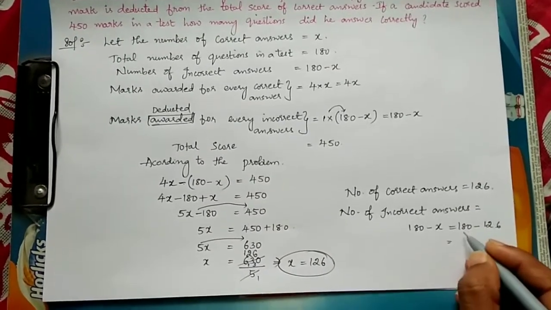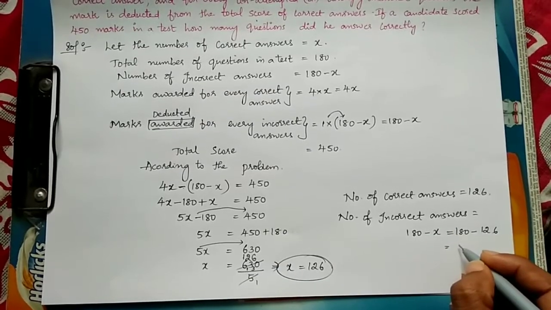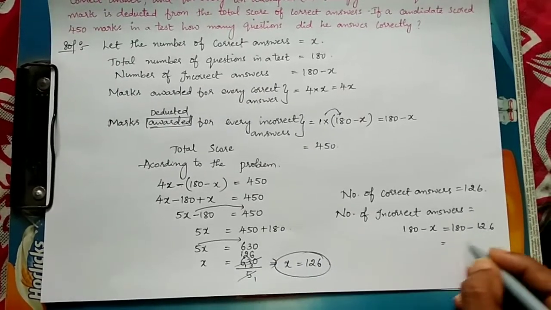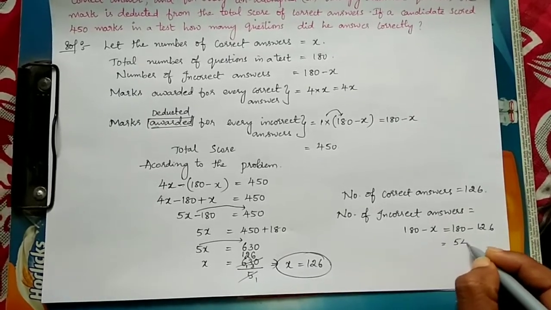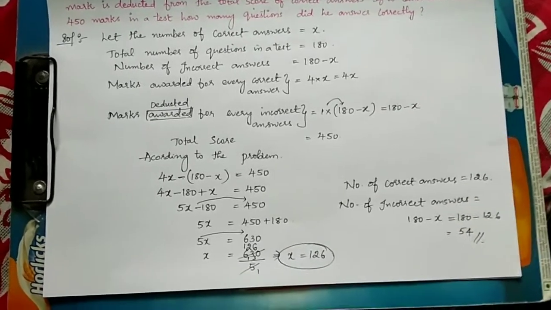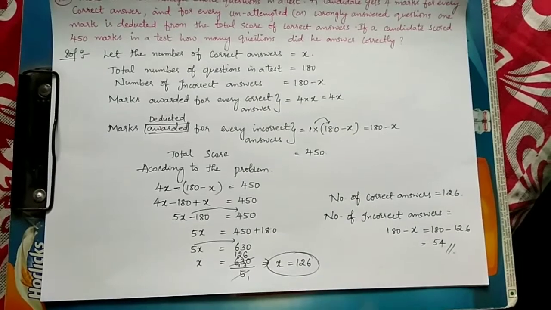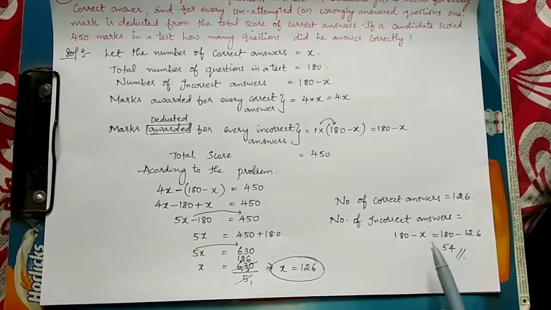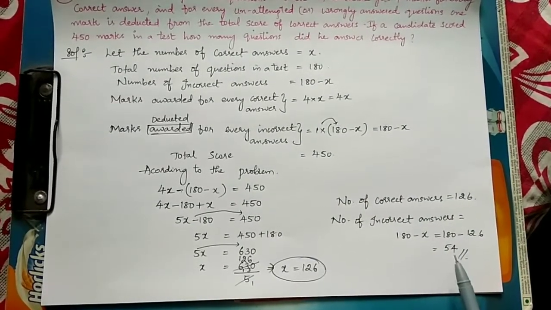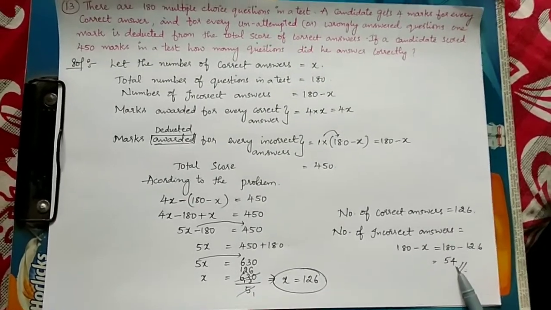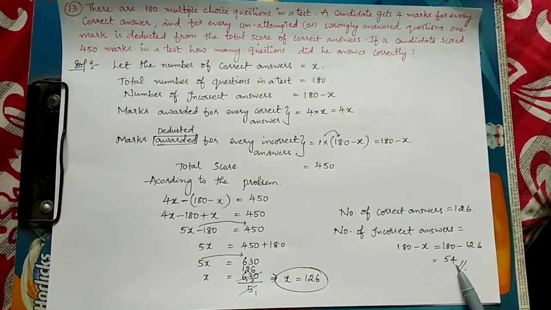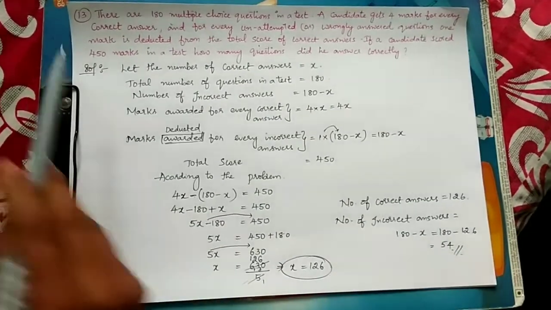How much is 180 minus 126? Subtract these two, so we get 54. Okay, so number of correct answers is 126 and number of incorrect answers is 54. So if you add these two, 126 and 54, we get 180. Okay, so this is question number 13.